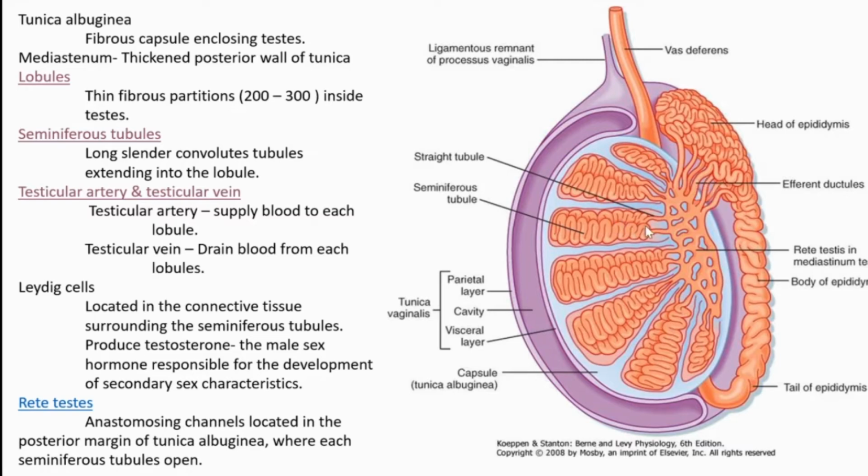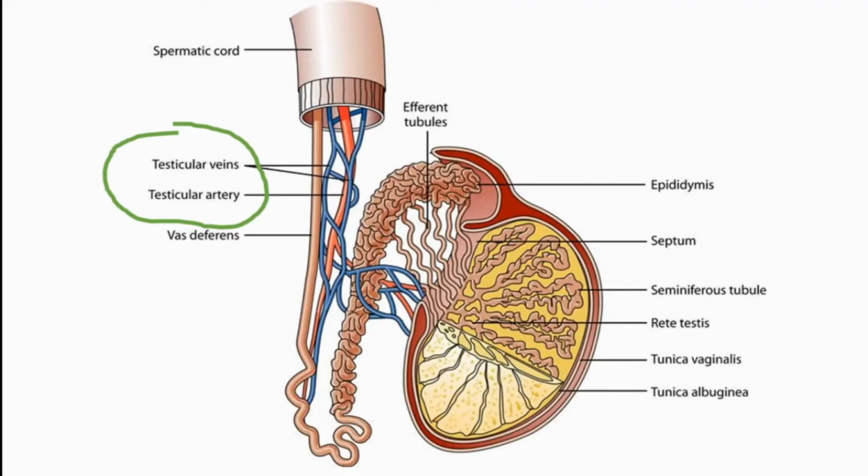All these seminiferous tubules open into this rete testis, and from there emanate a dozen efferent ductules. That is rete testis. Anastomosing means it's a connecting channel. Okay. Rete testis, this area.